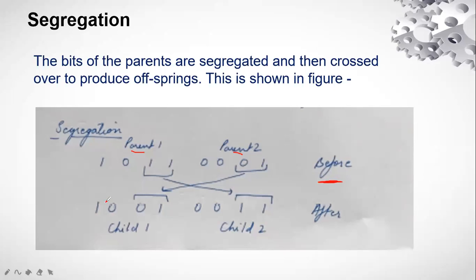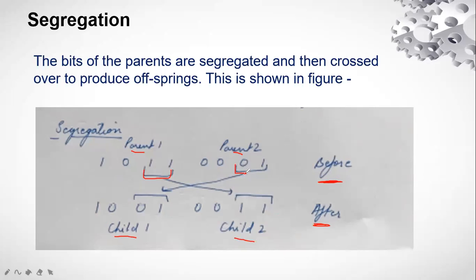Now we take it as after segregation. How is it done? These two parents are going to create two children, child 1 and child 2. We are going to swap any two bits. We have selected these two bits randomly. Again, we have selected these two bits.